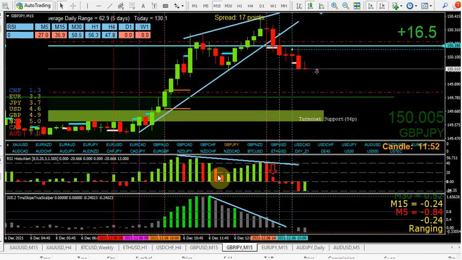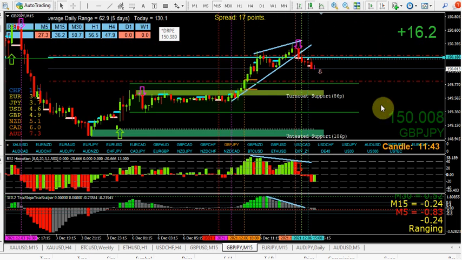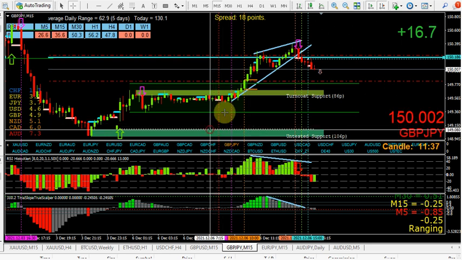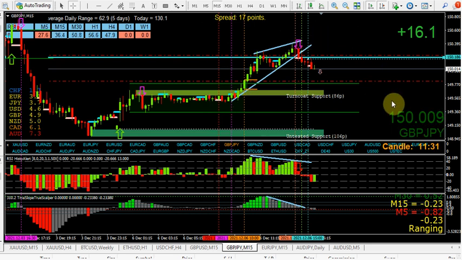Use multi-time frame alignment, and check the ADR as well. We can see we're miles away from the daily open. I've got that little indicator on my charts too, way up there, 138 or thereabouts.